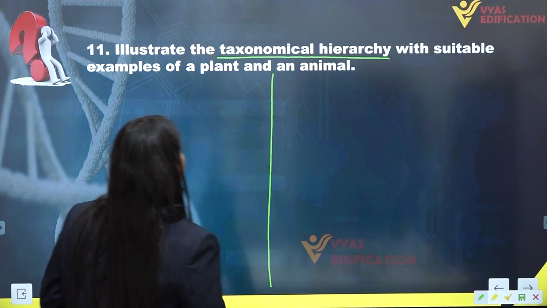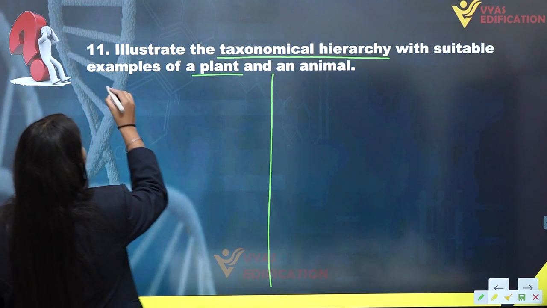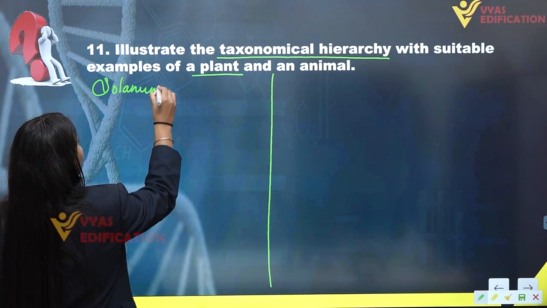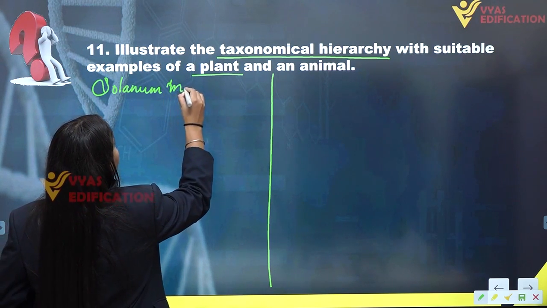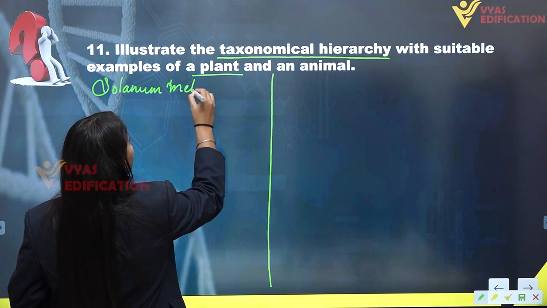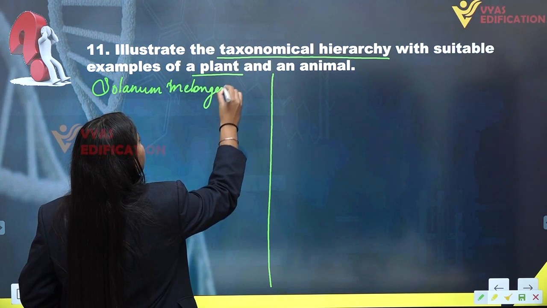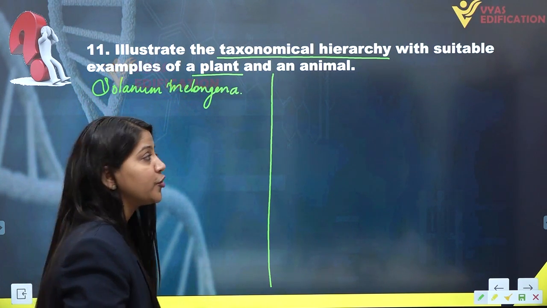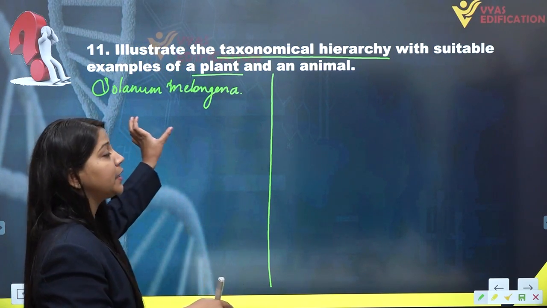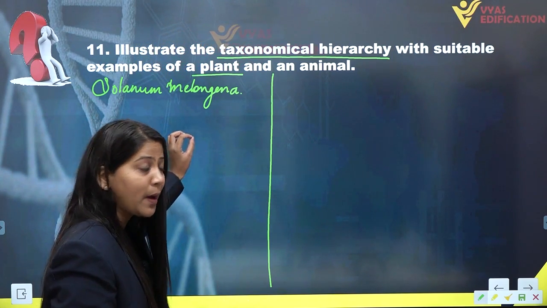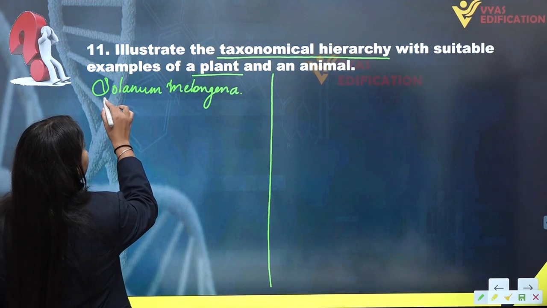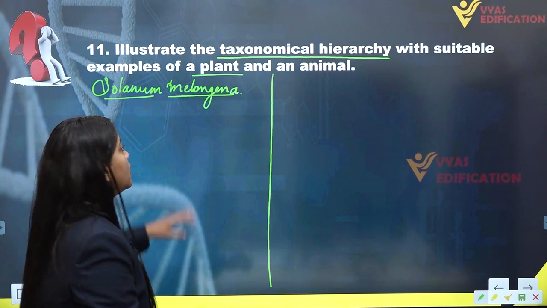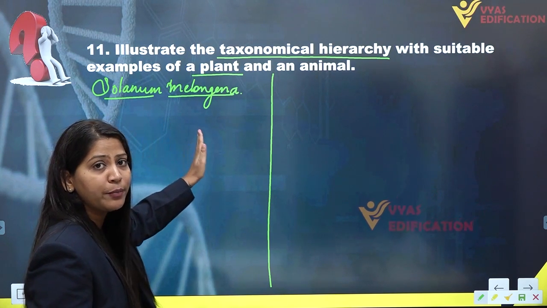In case of plant, we are taking the example of Solanum melongena, which is the scientific name for brinjal. When we write the scientific name by hand, it should be underlined separately like this. So this is the scientific name of brinjal.